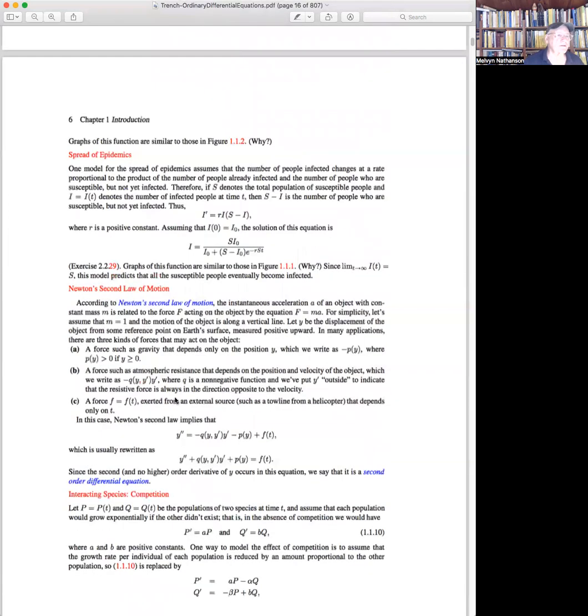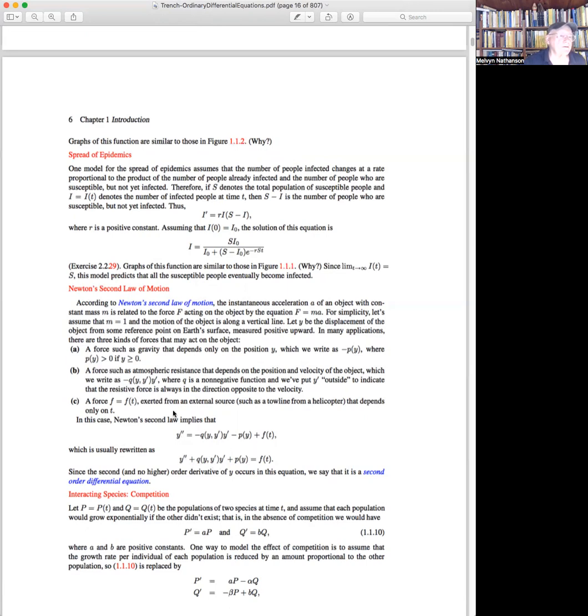The most famous examples are probably from physics, from Newton's second law of motion, which says that when you apply a force to a body, and if you look at the position of the body, the acceleration of the body depends on the force.